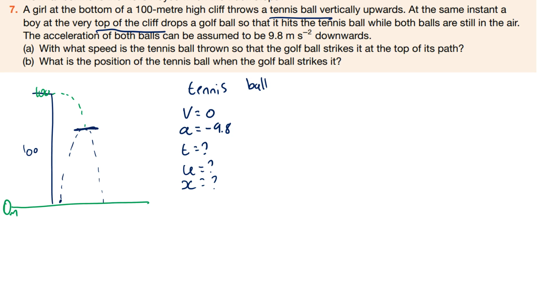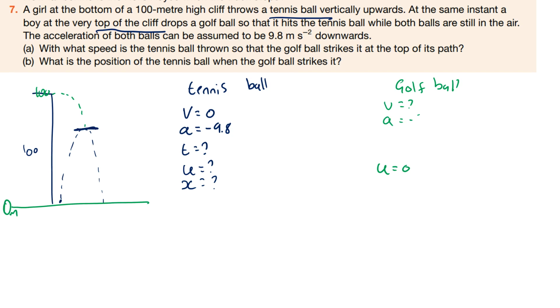Then we'll shift gears over to the golf ball. The golf ball is being dropped, so we know that the initial speed is 0. We don't know what the final velocity is going to be.